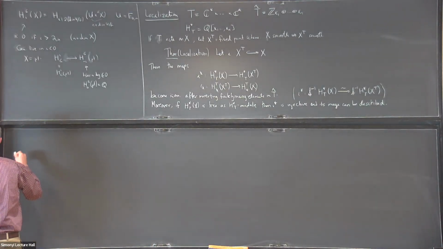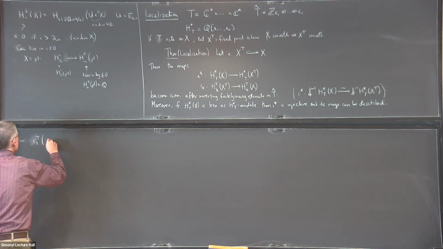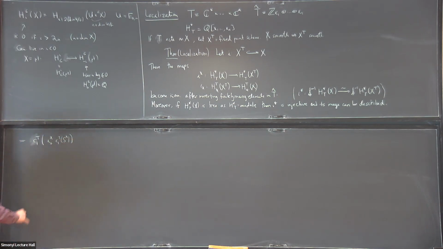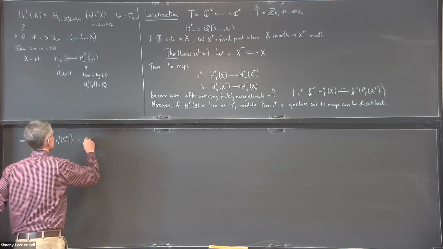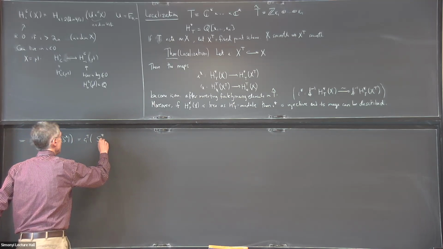The functorial properties of Chern classes tell me that this is the first Chern class of the pullback. Now this is very simple, because this is C1 T of just the fiber of S star at the point P naught.